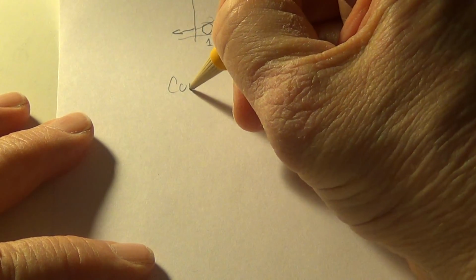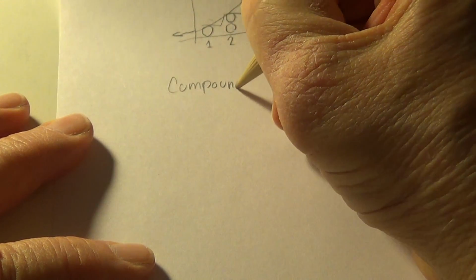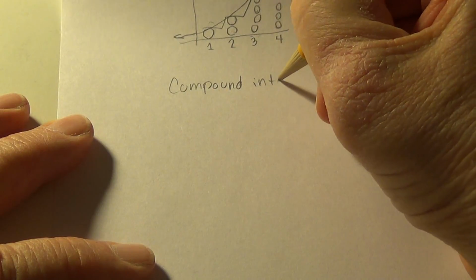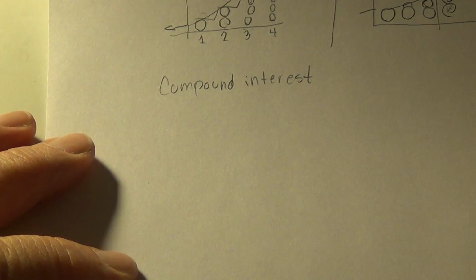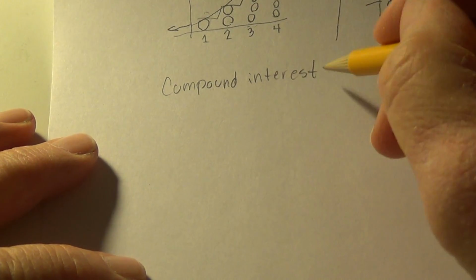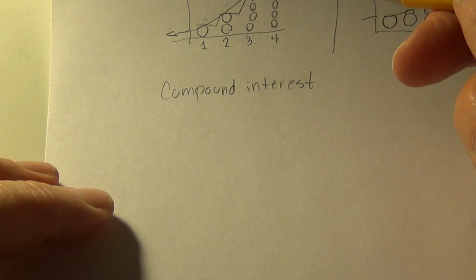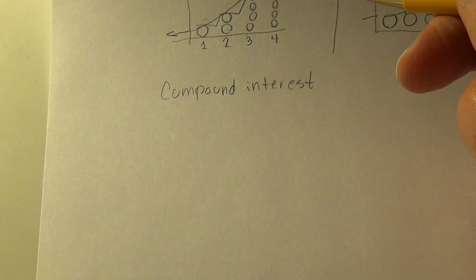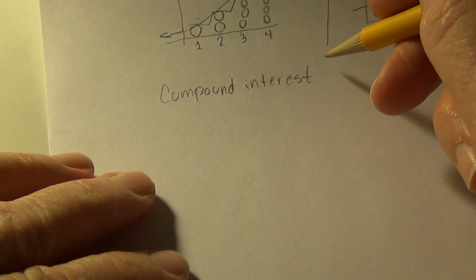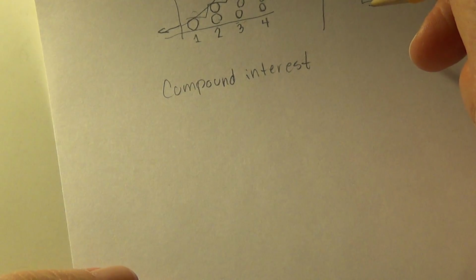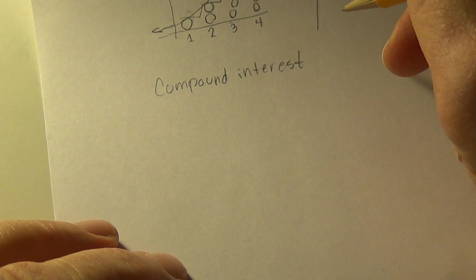So compound interest doesn't really have e in it, but we'll go ahead and cover it and give you exercises in it. And then we'll upgrade it to interest compounded continually. It's called continuous growth. So compound interest and continuous interest.